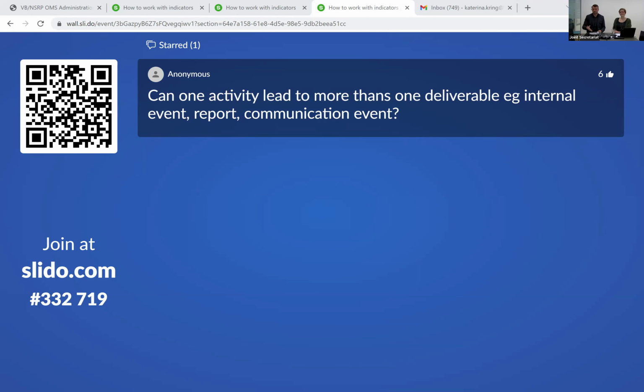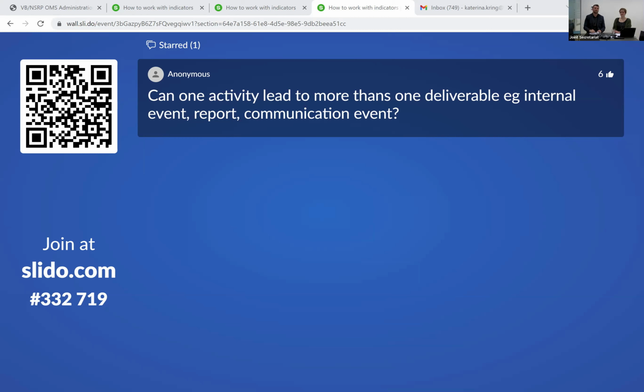What are we measuring here? If you have an internal event, then for me it is an activity, a discussion with partners. If you have a plan for the work package implementation, then I would say it is a kind of report type of deliverable, and then you have one.